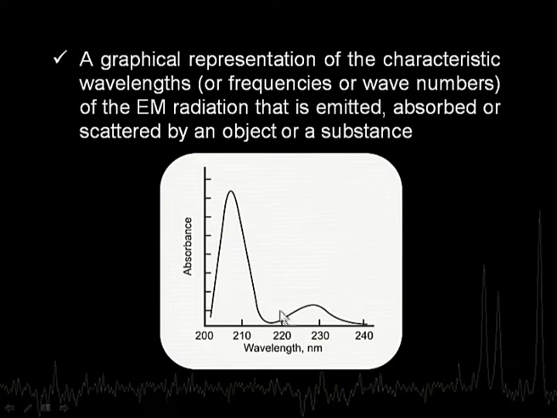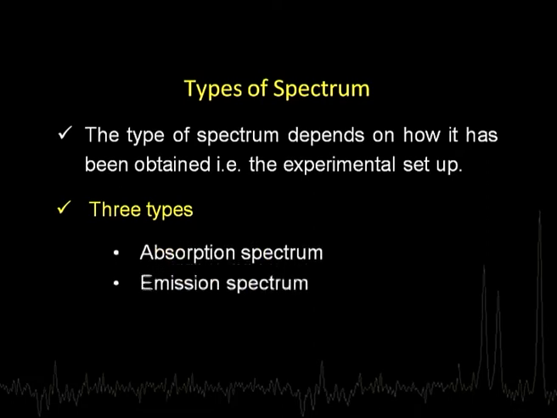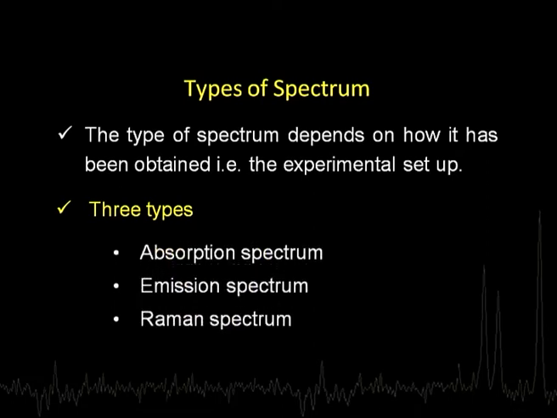And since we have different types of interactions possible, accordingly there are different types of spectra. You can have an absorption spectrum, an emission spectrum, you can even have a Raman spectrum. Raman spectrum is a kind of scattering spectrum. So, there is a wide variety of spectra possible.